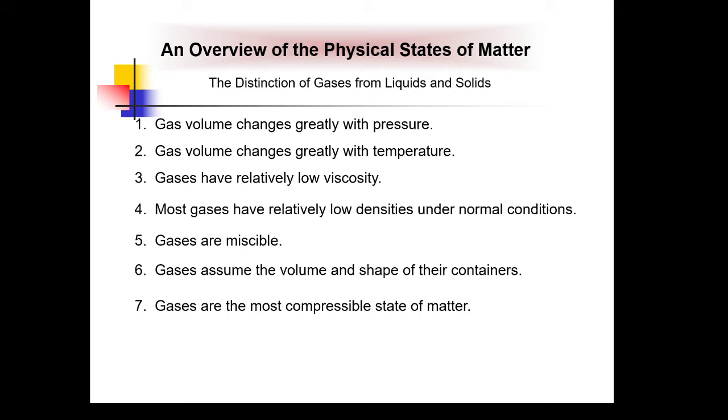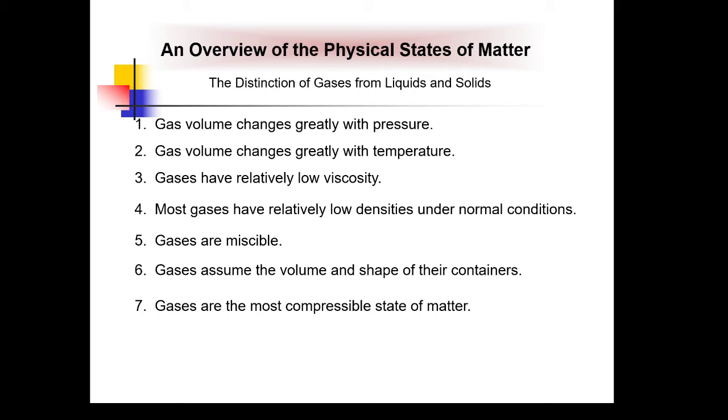Gases have relatively low viscosity. Okay? Remember, viscosity, or I'll tell you what viscosity's definition is. Viscosity means its ability to flow or inability to flow. The more viscous I am, the less my molecules can move over one another. Okay, so gases, molecules can move freely, so they have a low viscosity.